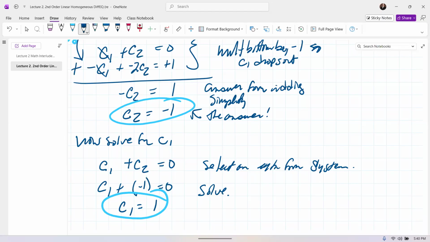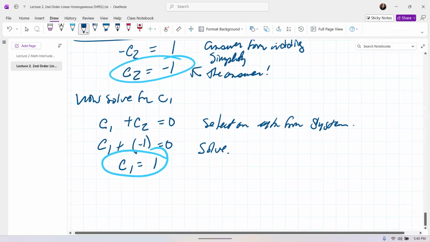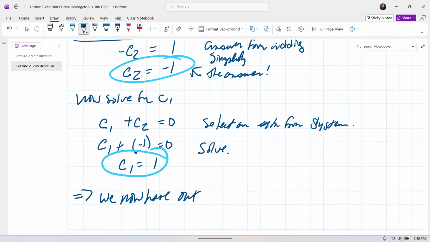All right. Now we have our two integration constants. Yay.